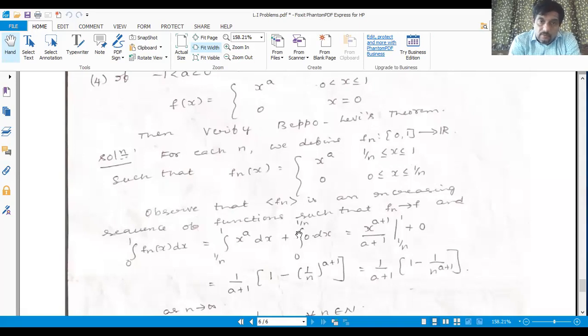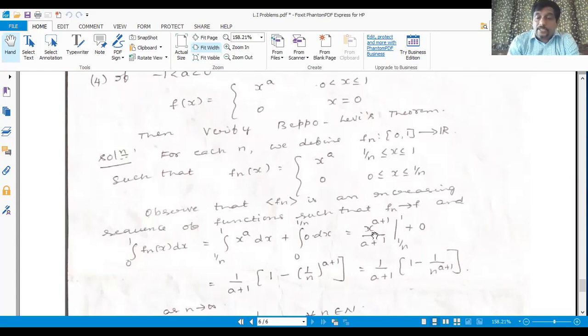Here it is the integral from 1/n to 1 of x^a dx plus the integral from 0 to 1/n, which is 0. If you integrate, using the power formula, x^n integrates to x^(n+1) divided by (n+1). Here, that is x^(a+1) divided by (a+1).